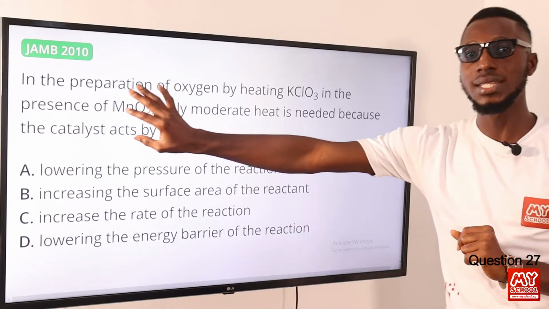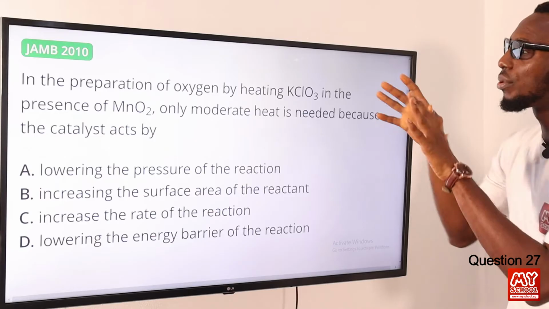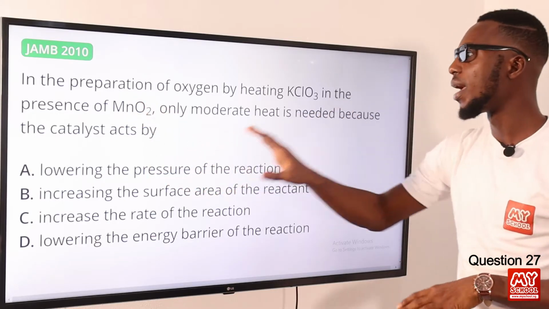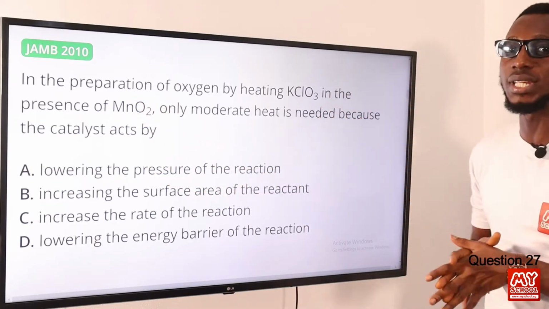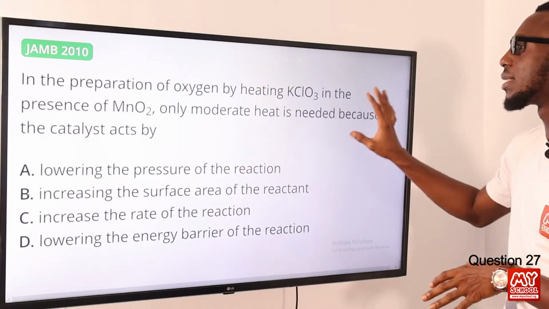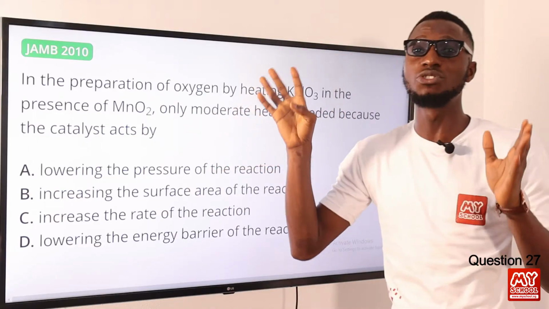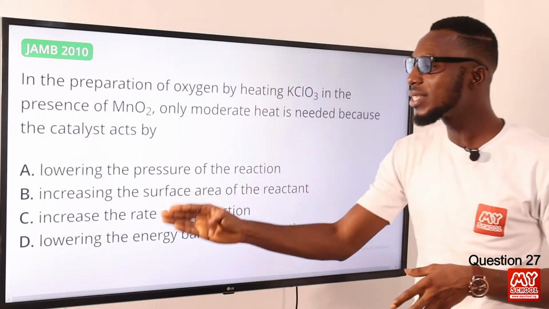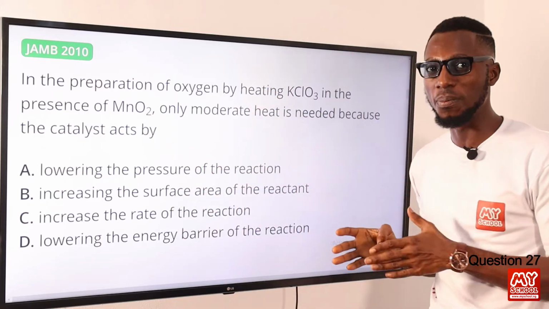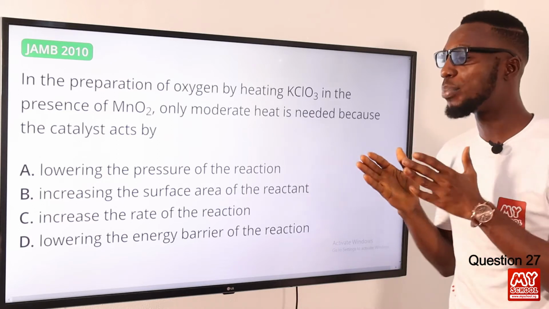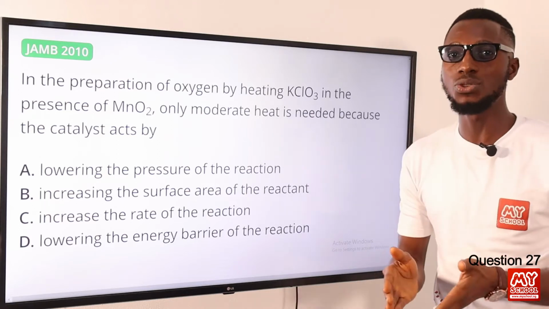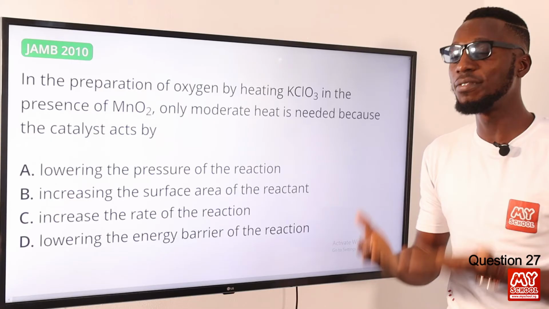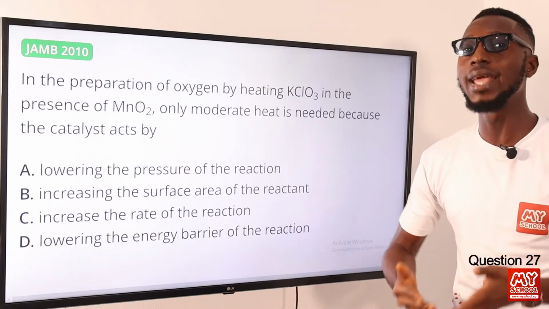So how does the presence of this catalyst get you the result that you need? Only moderate heat is needed because the catalyst acts by doing what? This is what the catalyst does: it increases the rate of the reaction. How exactly? By providing a new reaction path with a lower activation energy, or a lower energy barrier.